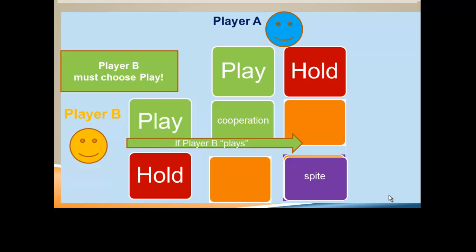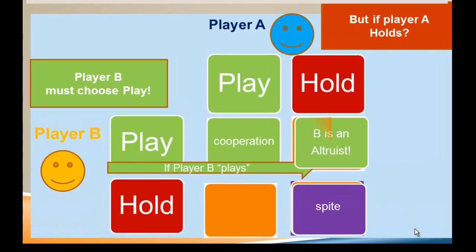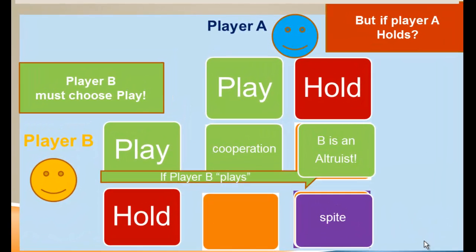Well, the risk is that player B will choose to play and cooperate, and player A in turn will be selfish and hold. And if that happens, B will become an altruist, and A will be the selfish winner. A will take all the offspring, all the points, and B will get none.